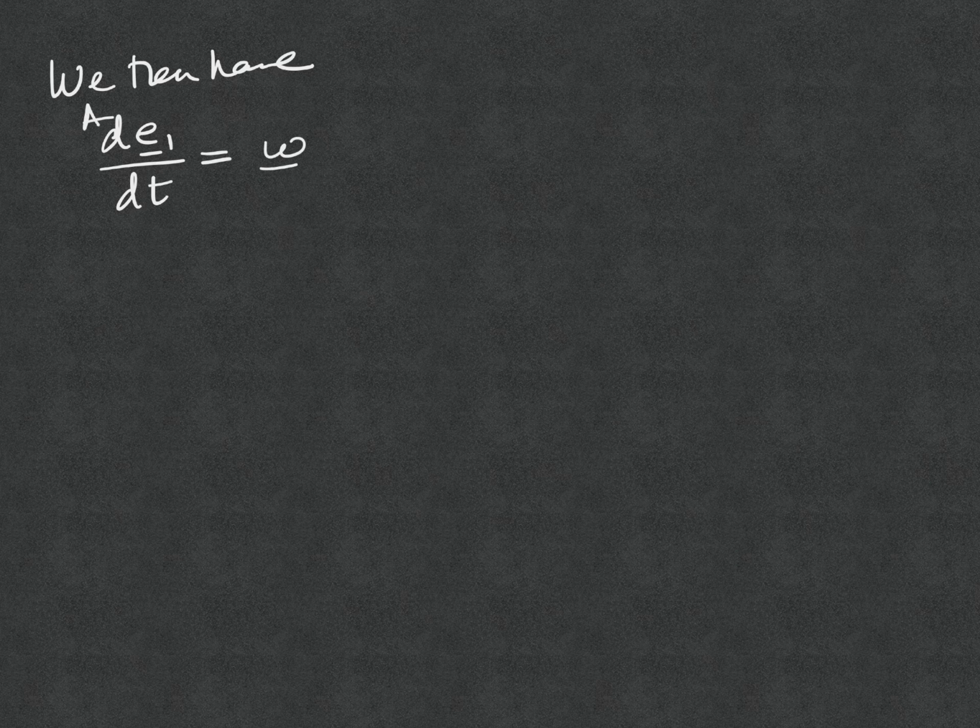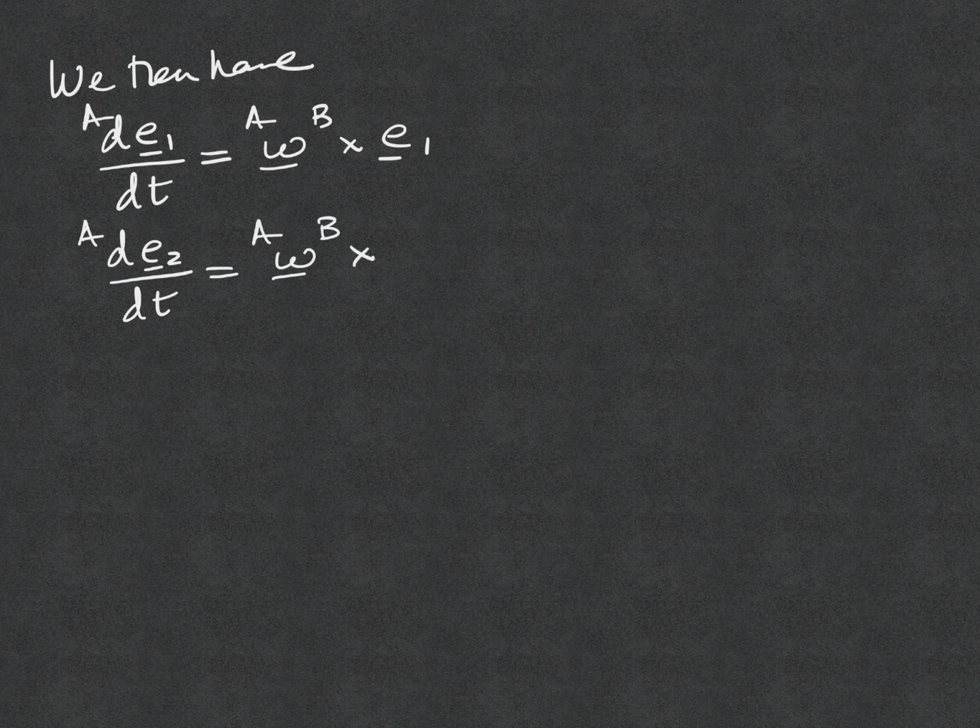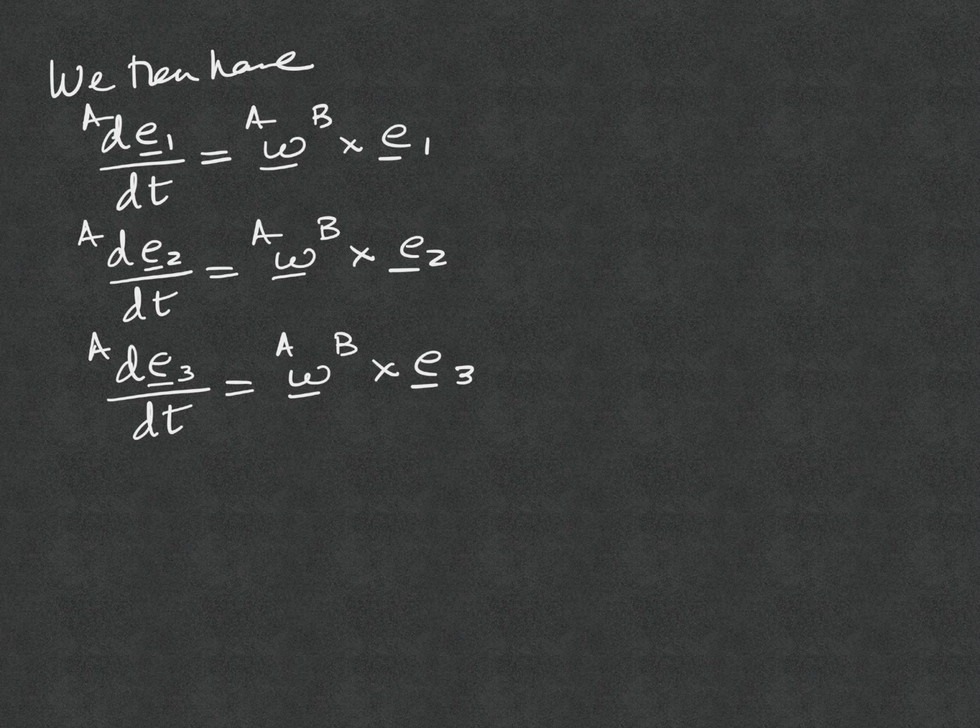So we then have dE1/dt in A is equal to omega BA crossed with E1. dE2/dt in A is equal to omega BA crossed with E2, and dE3/dt in A is equal to omega BA crossed with E3.